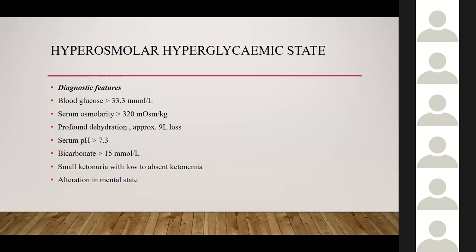So we ask, okay, what was the sugar when it came? Oh, 33.3. All right, no ketone bodies, then we are confident and we say, okay, let's wait for BE and creatinine. We calculate serum osmolarity. Oh, this is HHS, then we put it there. So it was a constant effort. You have to put in that constant effort to make that diagnosis.